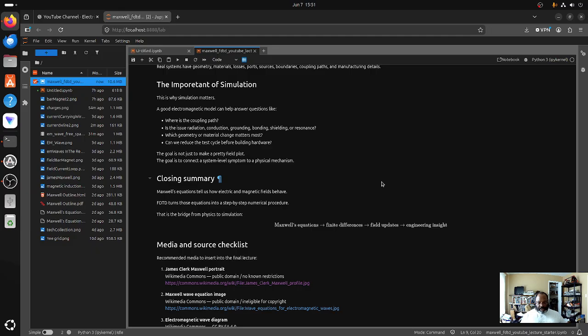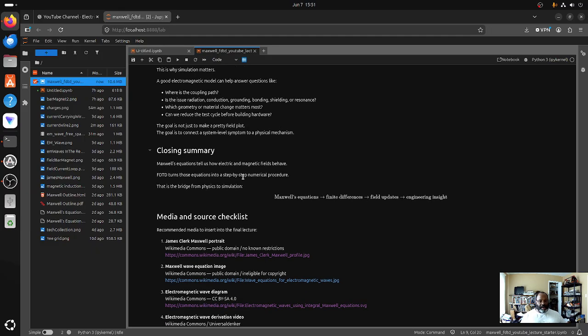And so this then is the bridge from physics, from the equations that we saw, Maxwell's equations, to the simulation.